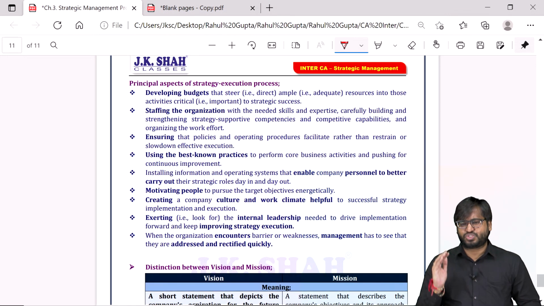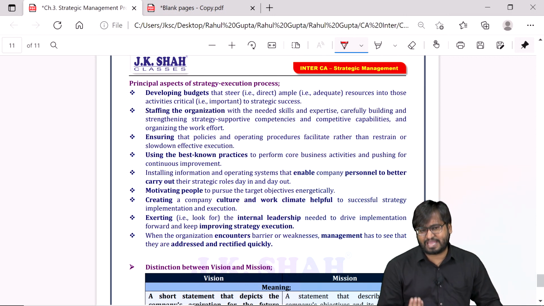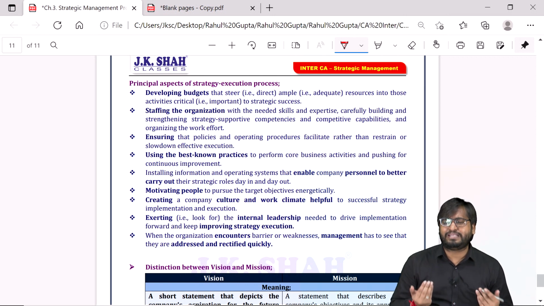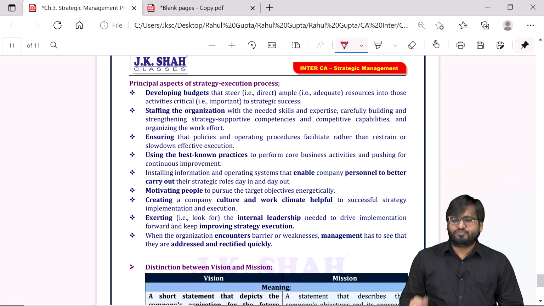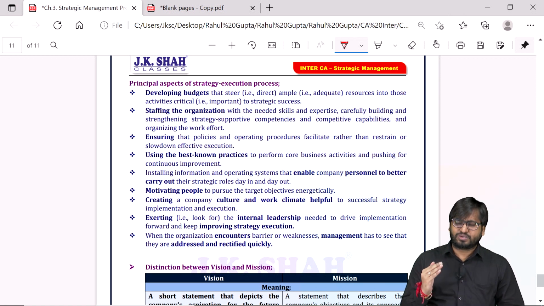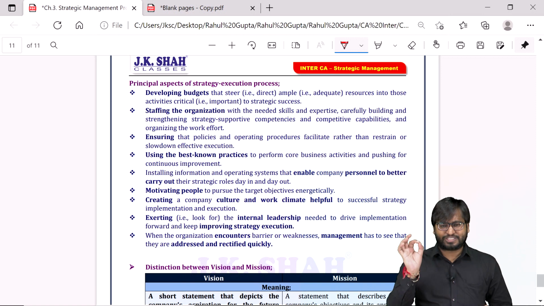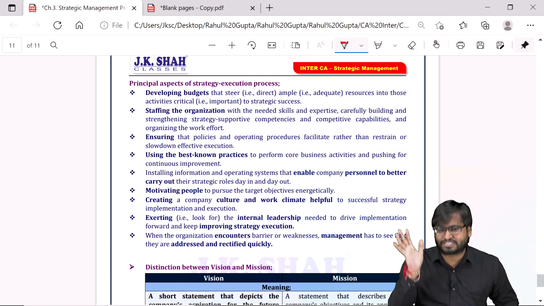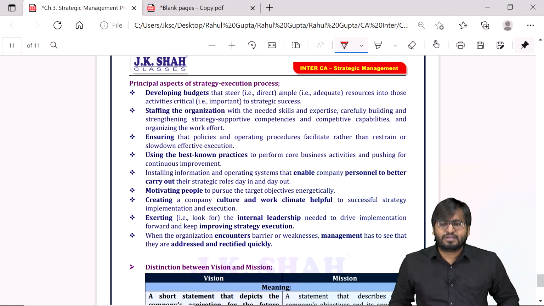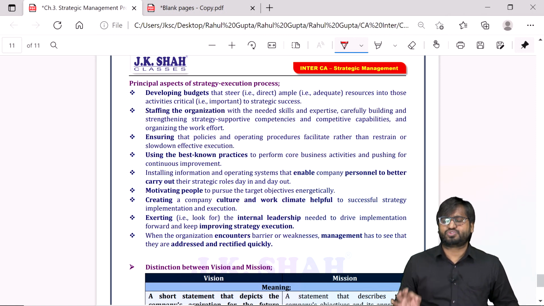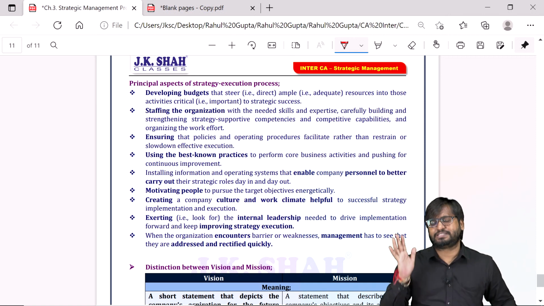Again, this is a question that can be asked in your exams. This is relating to implementation. What points you need to consider at the time of implementing your strategy? So, the question goes like this. What are the principal aspects of strategy execution process?